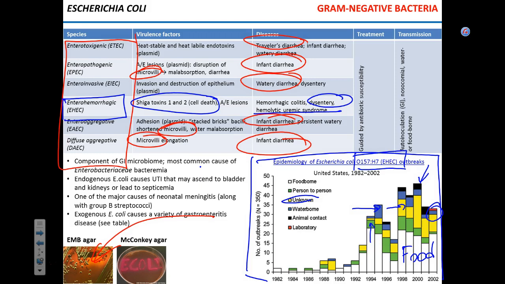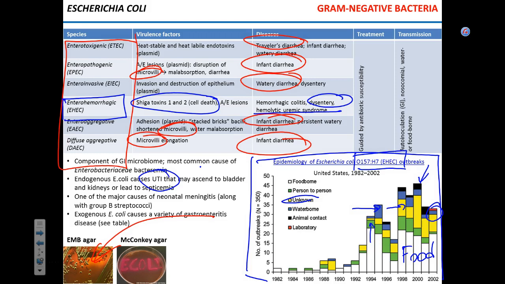This syndrome basically shows kidney damage, and kidney damage can be so severe that it may lead to the death of an infected patient. Another very characteristic infection that is caused by E. coli, just to know, is UTI. It's the main cause of urinary tract infection in humans. Okay?